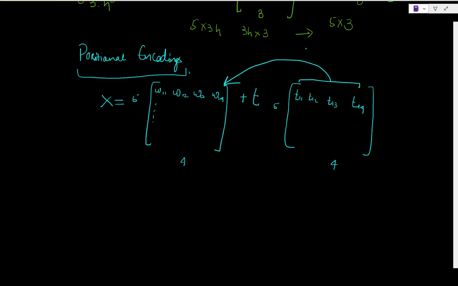We add this positional encoding, the time signal, to the input embeddings, so to speak, and we get some output matrix X dash. This has the positional encodings embedded into it, and then we pass it to the normal attention mechanism.